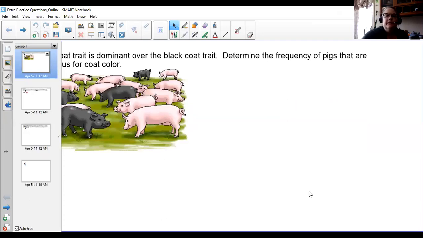Can you all see this screen? I just want to make sure that it's sharing properly. Can you all see a bunch of little pigs on the screen? Okay, perfect.